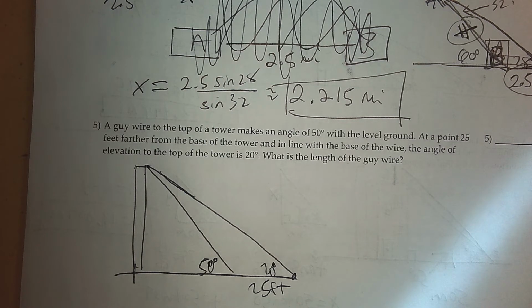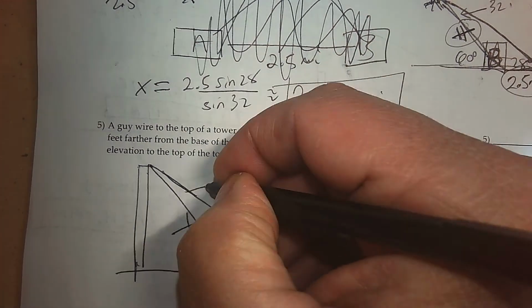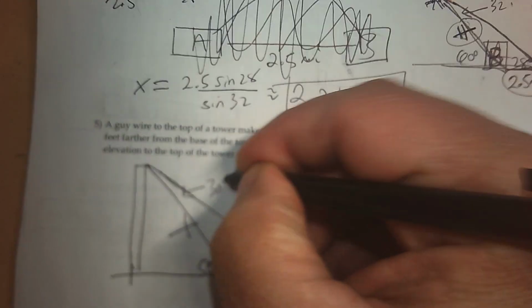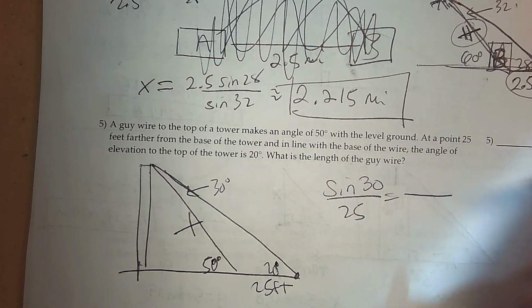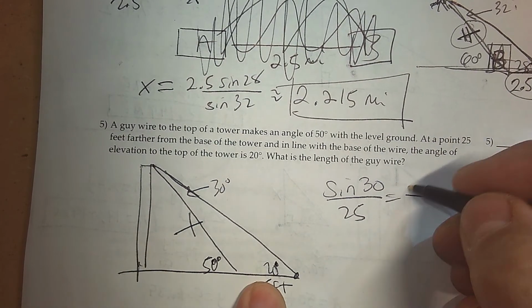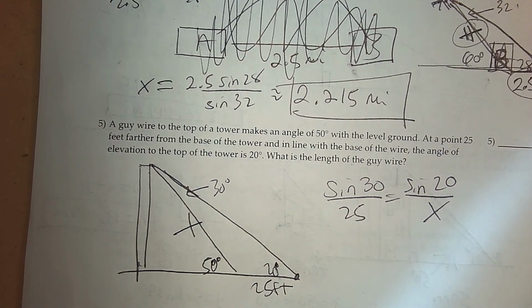Let's go. And then what's my goal to find? The length of the wire? Remember which of these lines? Which one of these lines is the wire? The one with 50. So label it and then use which law and solve it. So that angle up there is 30. So sine 30 over 25. What angle is opposite of x? Sine 20 over x, and then solve it.